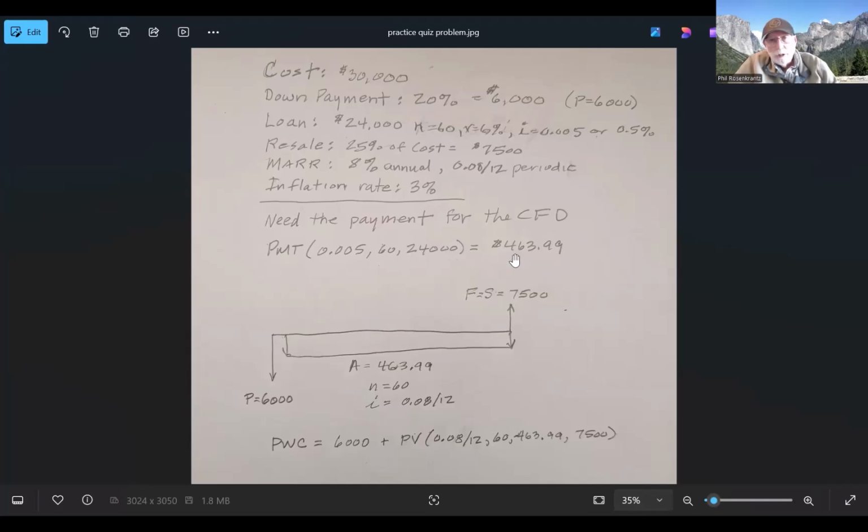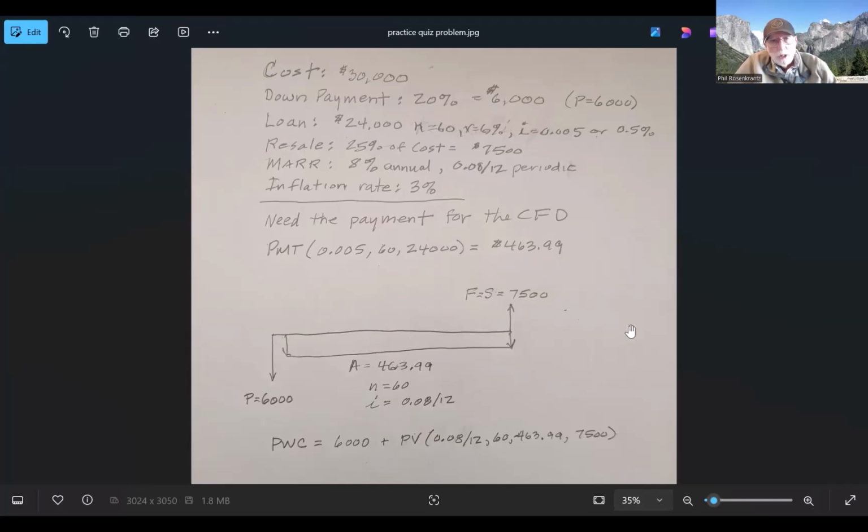You get a payment of $463.99 a month. So that's shown as a uniform series on the cash flow diagram. It's a down arrow because it's money you're putting out. And then at the end, you're selling it for 25% of its original value, which is $7,500. So you have an up arrow of 7,500.